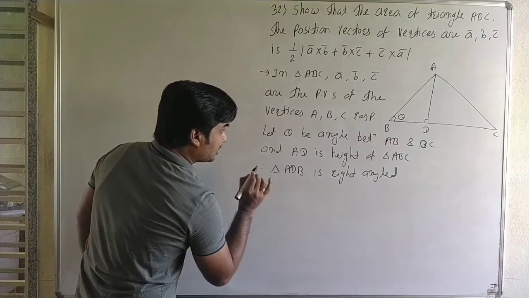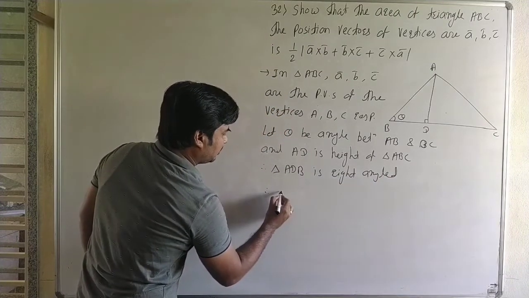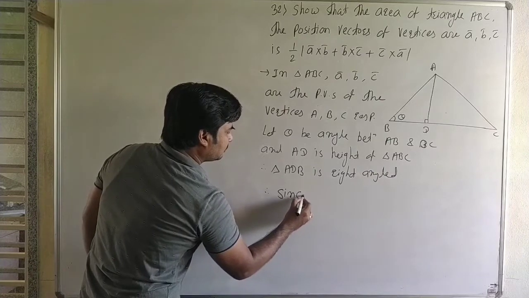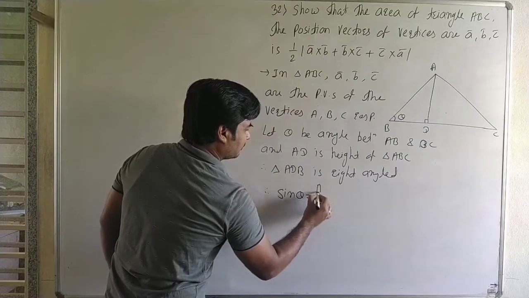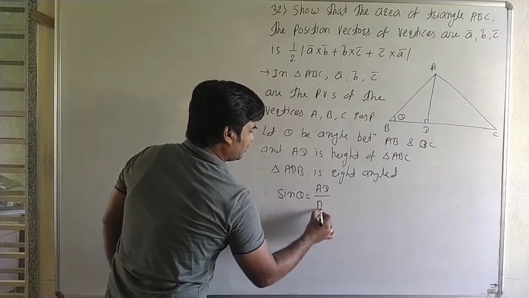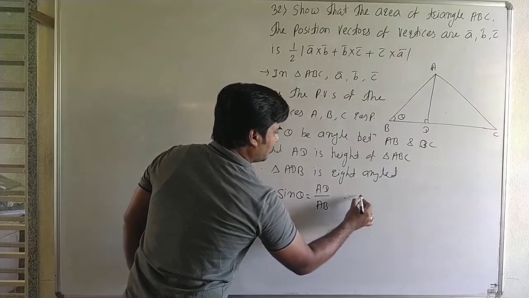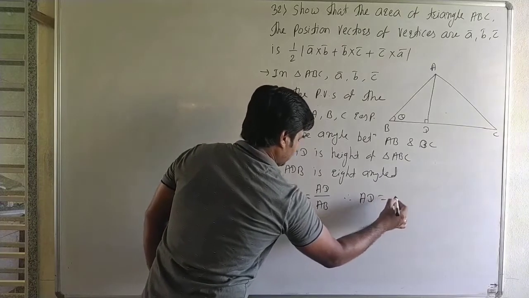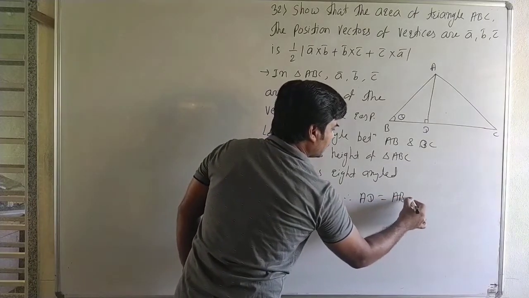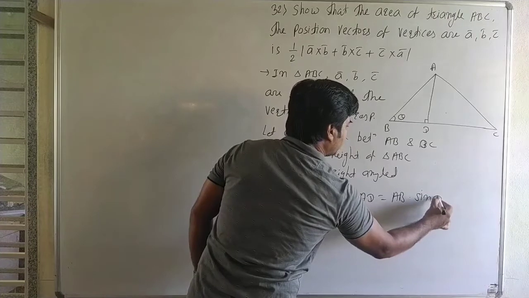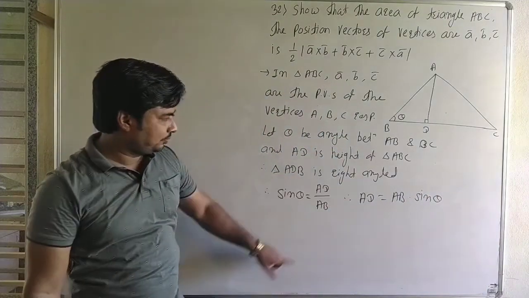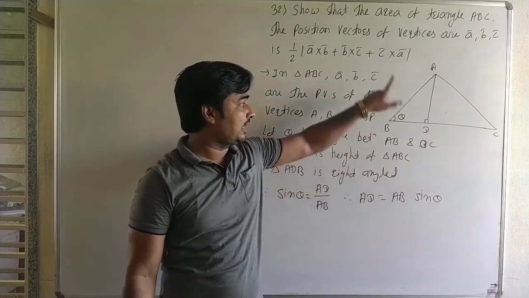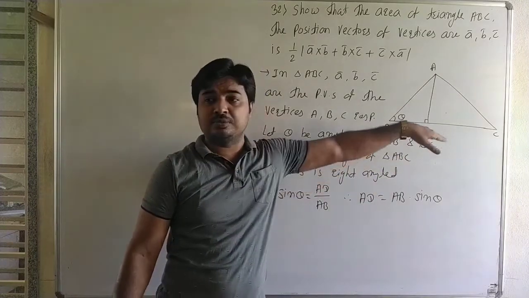Therefore, see carefully, we can write sin theta is equal to opposite side upon hypotenuse, AD upon AB, and therefore AD is equal to AB into sin theta. See carefully, AD is equal to AB into sin theta. AD is the height of the triangle and the base is BC.